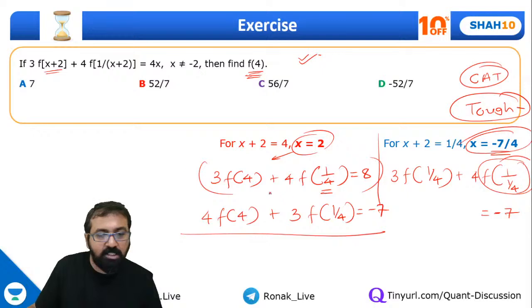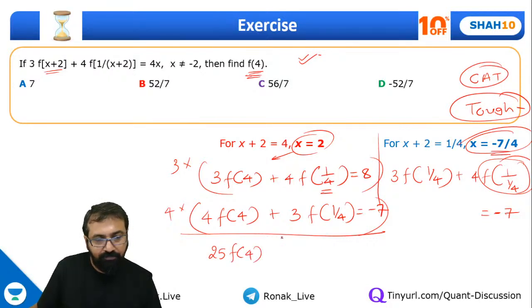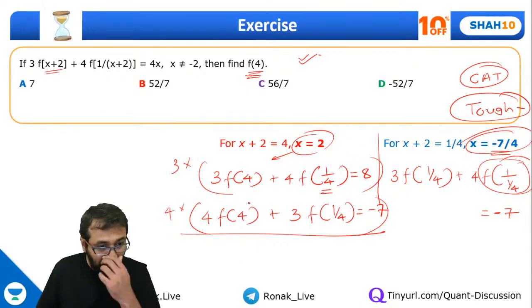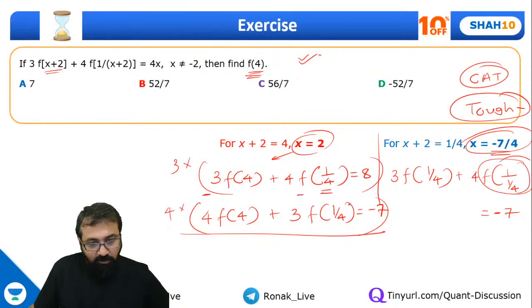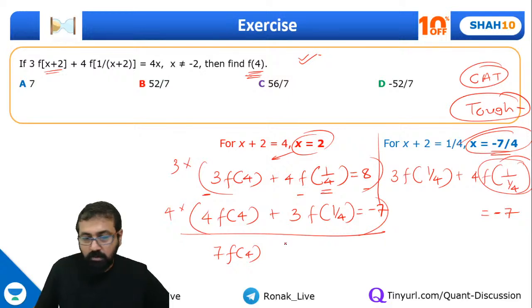Let's multiply this one by 3 and this one by 4. Sorry, we'll have to subtract it. If we subtract it, we will get 16 minus 9, 7 f of 4, and this will be cancelled off.